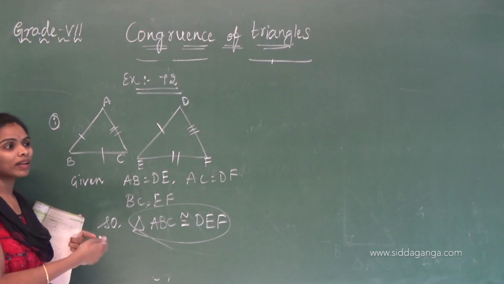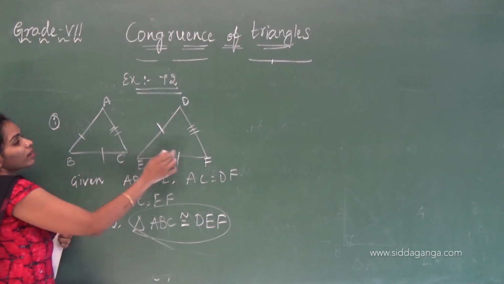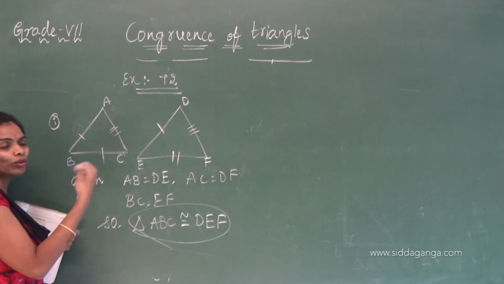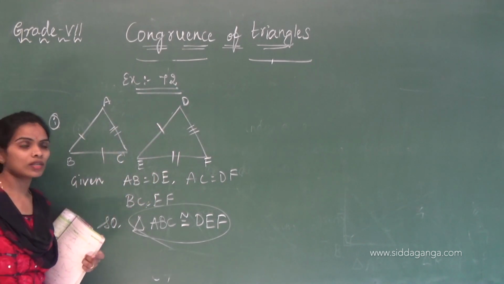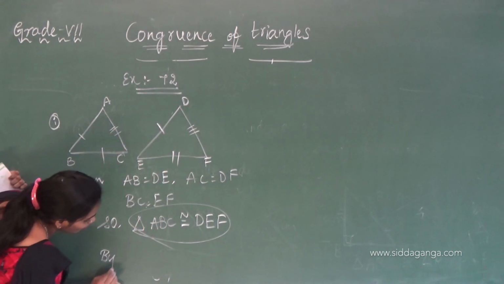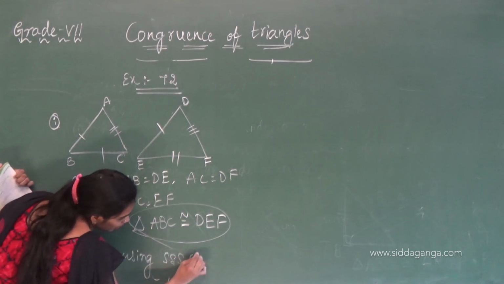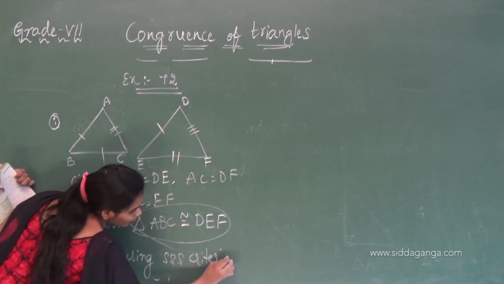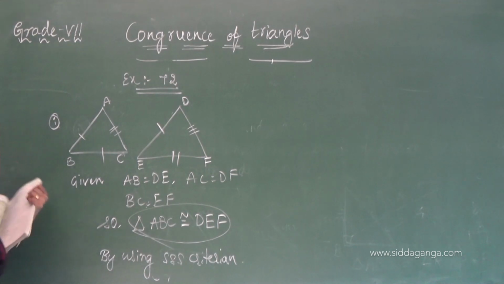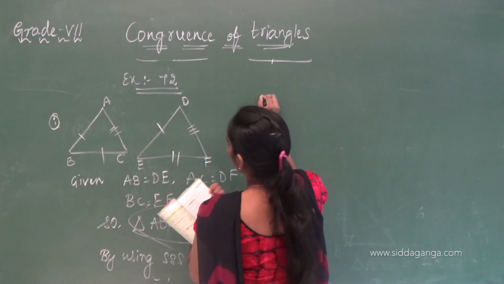If three sides of one triangle are equal to the corresponding three sides of another triangle, then the two triangles are congruent. By using which criteria? By using SSS criterion.